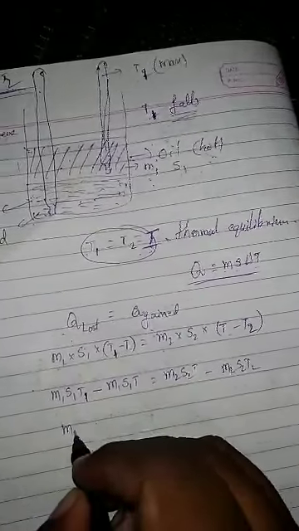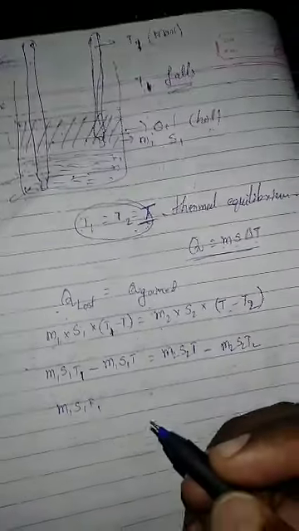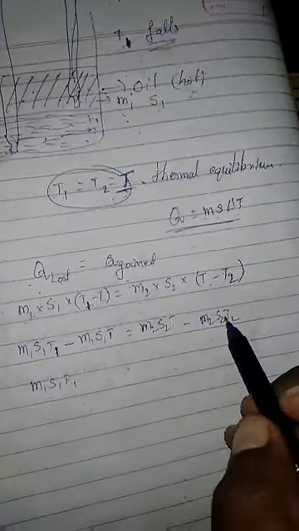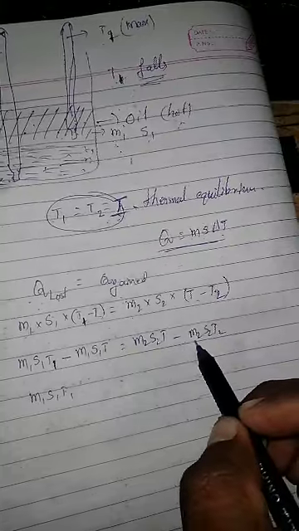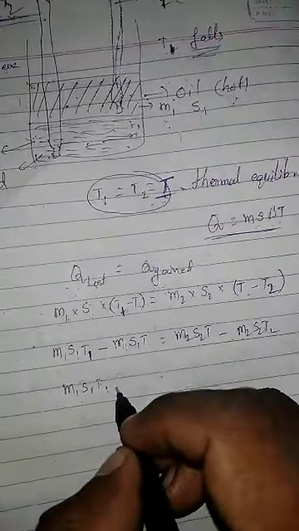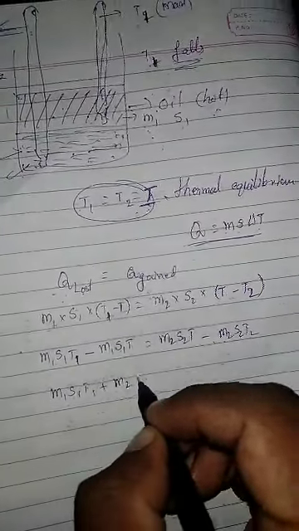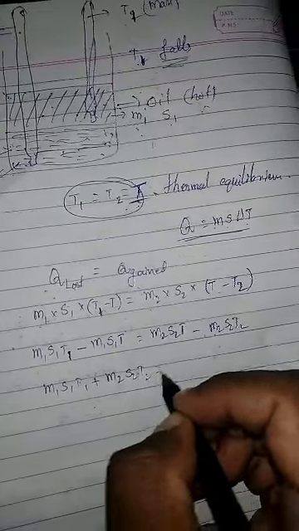Exchanging the negative terms: M1 S1 T1 is a positive term, and the RHS negative term minus M2 S2 T2, brought to the LHS, will be plus M2 S2 T2.